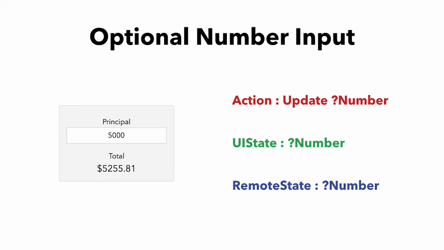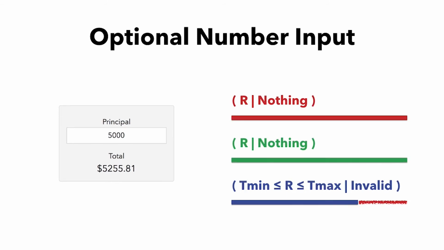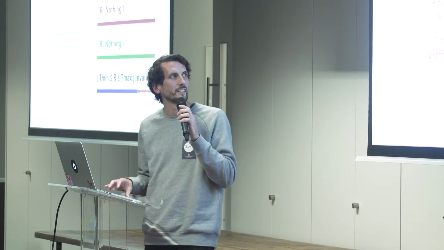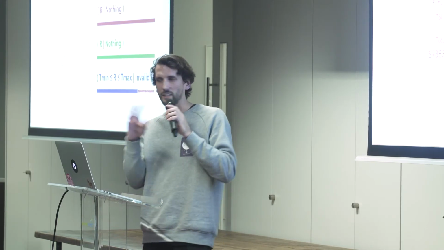So we're going to make explicit the case for a missing value. You can see here, again, actions and UI state, we've got the set of real numbers and the addition of nothing. That allows us now to type where we have nothing in the field, and we can represent that. Now, the remote state didn't need to change because we just mapped that nothing into the invalid.